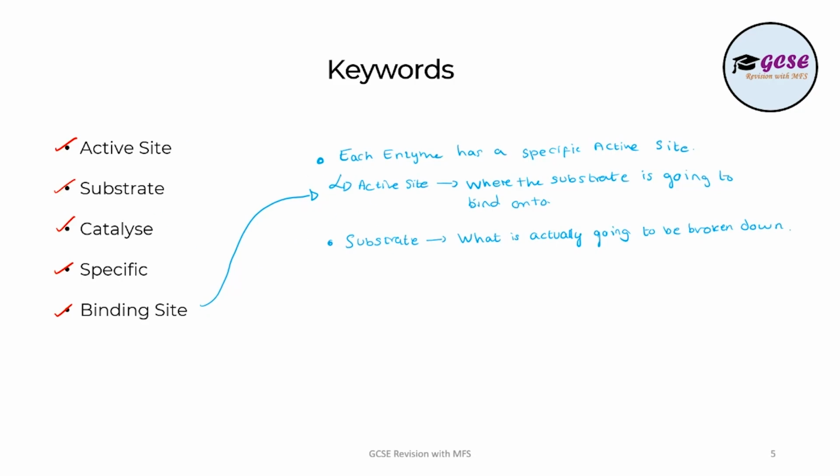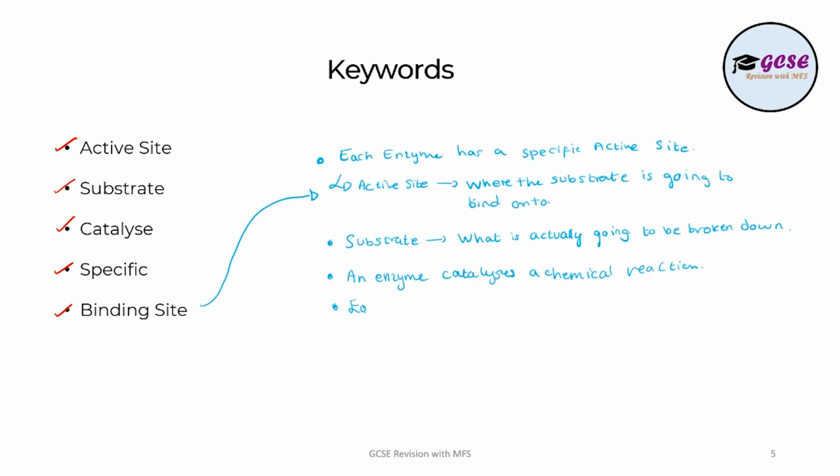So the enzyme is a biological catalyst. So the enzyme catalyzes a reaction. An enzyme catalyzes a chemical reaction by providing an alternative pathway. And remember, each enzyme is specific to its substrate.